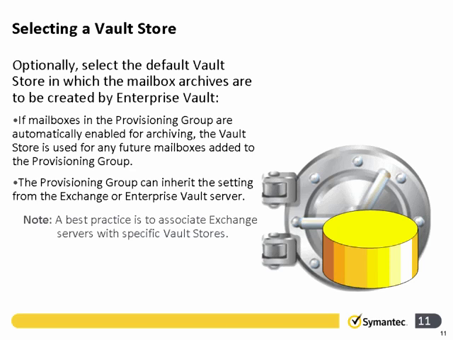So I can set up the vault store there, or I can set it up on the individual server. So I have like 3 different places it can be configured, but I can override it in the provisioning group if I wish. And it's typically a best practice within Enterprise Vault to associate an Exchange server with a specific Enterprise Vault server.